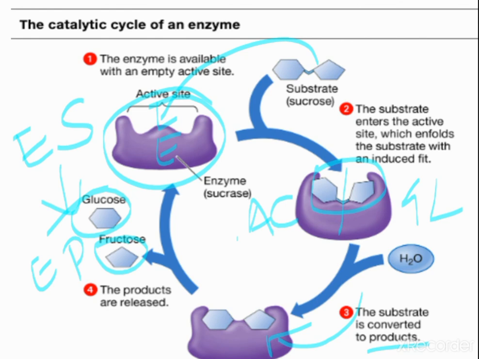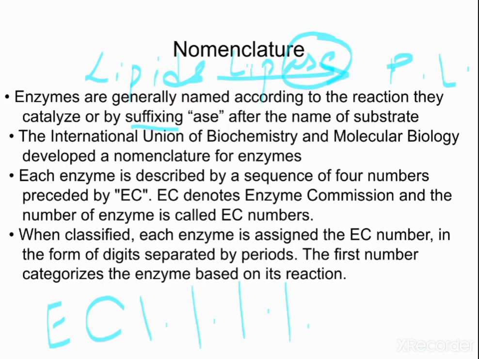And we have also seen the cycle of enzymes. So in an enzyme substrate catalyzed reaction, the enzyme binds with the substrate to form an enzyme substrate complex, and this enzyme substrate complex gets converted into enzyme and product. So at the end of this particular reaction, the substrate is broken down into product, while the enzyme remains unchanged so that it can bind with other substrate and continue the cycle.